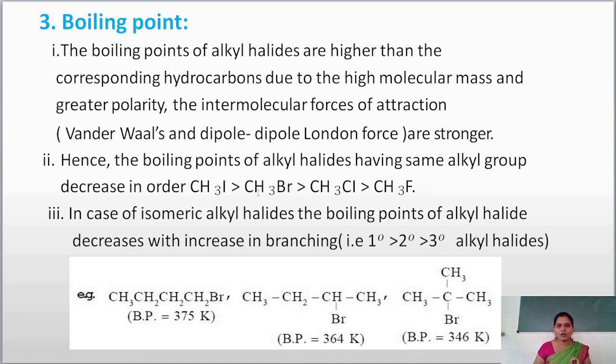Because the size and the molar mass of the halogen atom decrease, the boiling points also decrease. So boiling points depend on the size of the halogen atom. The larger the size of the halogen atom, the higher is the boiling point of that compound.